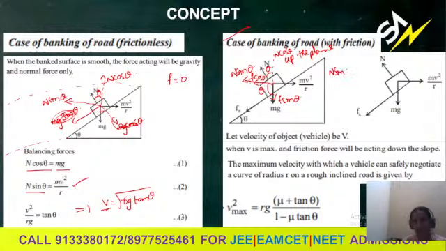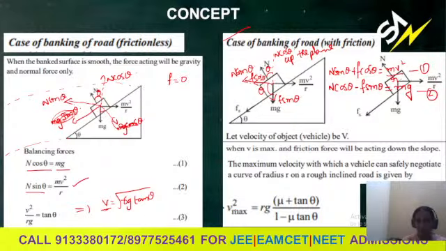So N sin theta plus f cos theta is equal to mv squared by r. Next, N cos theta minus f sin theta will be balanced by the weight of the vehicle. By simplifying these two equations, 1 and 2, you can find the maximum safest speed with which the vehicle can safely negotiate a curve of radius r on a rough inclined road.